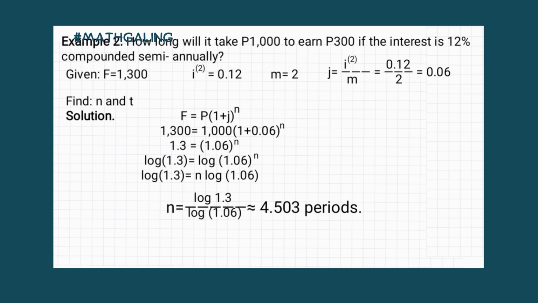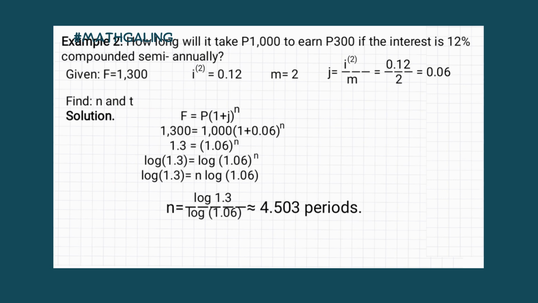So given F is equal to 1,300, i raised to the power of 2 is equal to 0.12, and m is equal to 2, and G is equal to i raised to the power of 2 over m is equal to 0.12 over 2 is equal to 0.06. So we will find n and t.